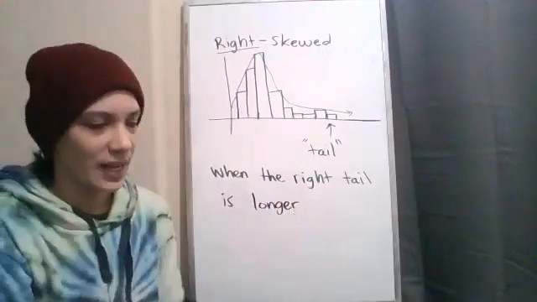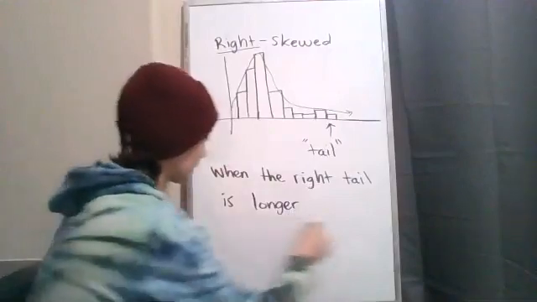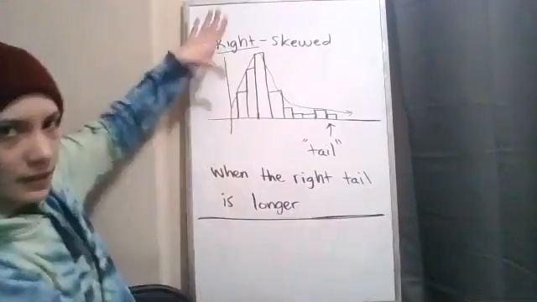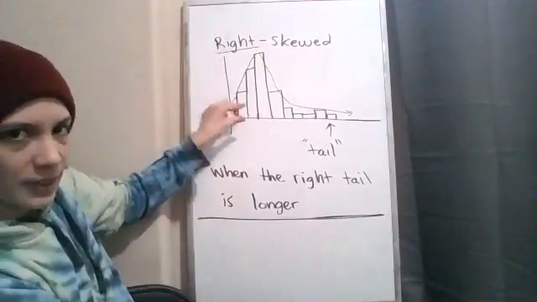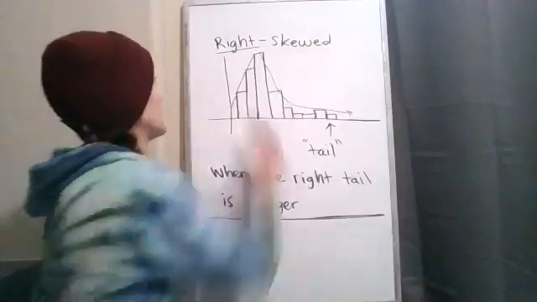The other one I have is left skewed. Let's just redraw. So you have a little bit of data here, and then more over on the right.